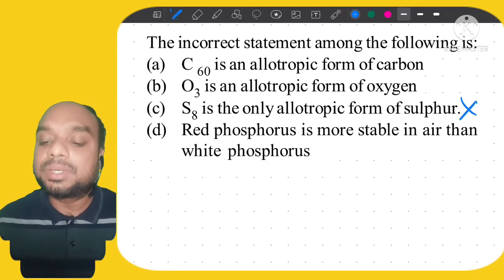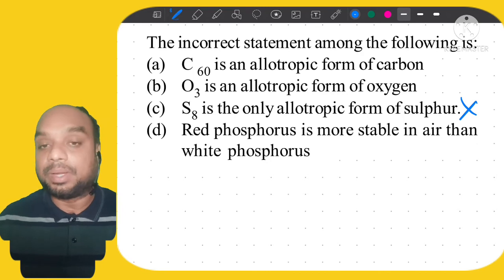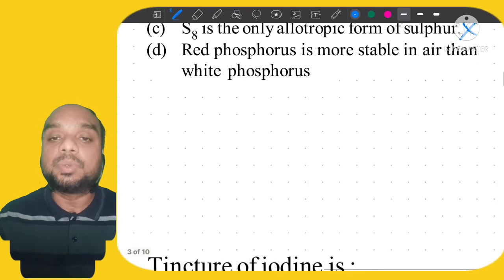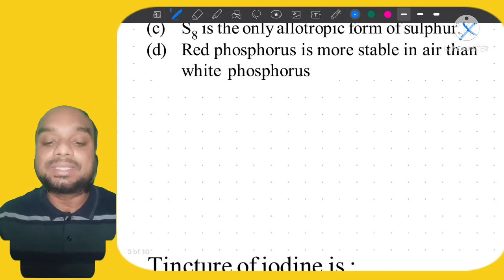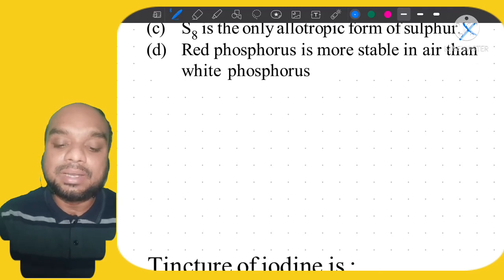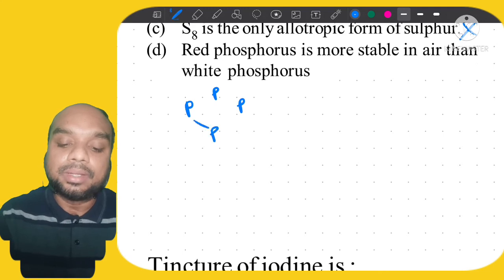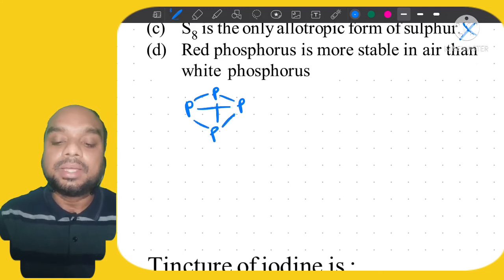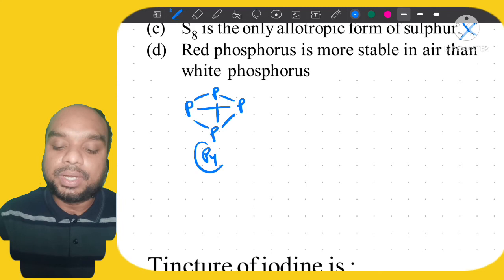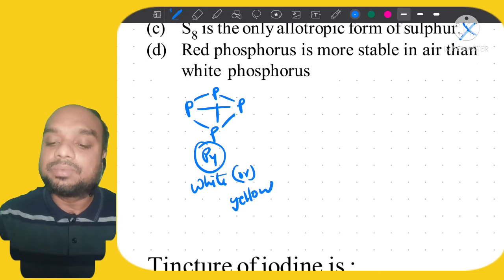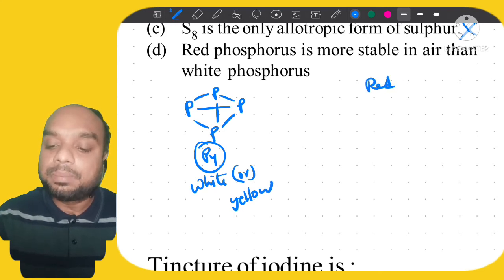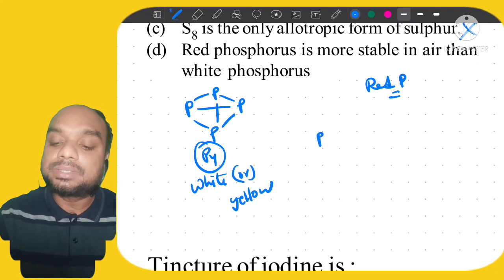Next, red phosphorus is more stable in air than white phosphorus. Yes, red phosphorus is more stable based on their structures. Here white phosphorus is a singular entity, a single unit, like this structure. It is a P4 molecule, white or yellow phosphorus. Now in red phosphorus, phosphorus exists in a polymeric structure.